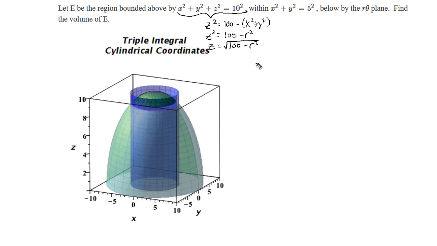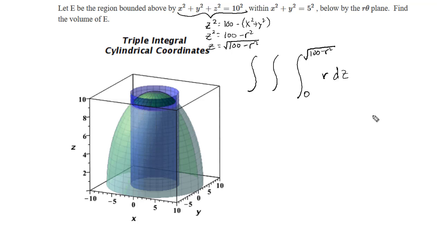So our integral then is going to contain the r as part of the integrand for cylindrical coordinates, and then we will begin with the dz, where the z goes from 0, the xy plane, up to the sphere, which would be z equals the square root of 100 minus r squared.